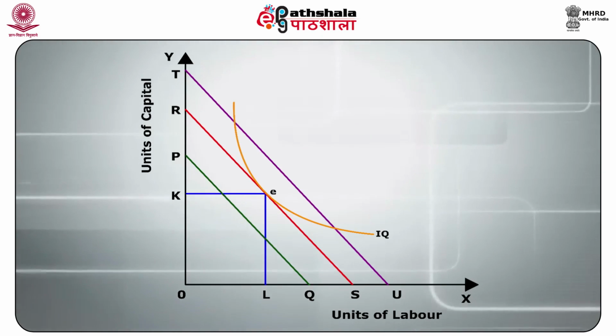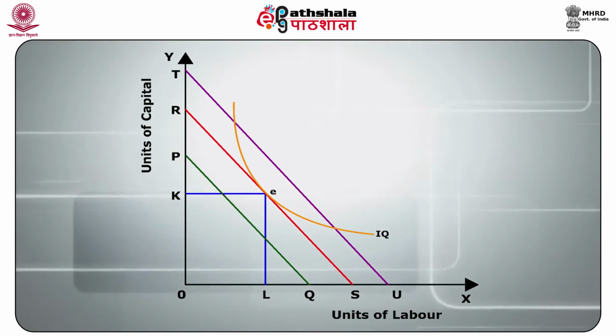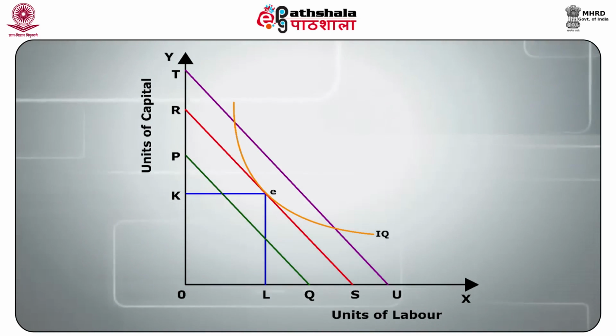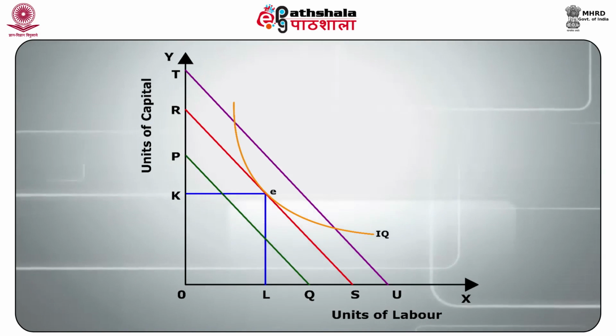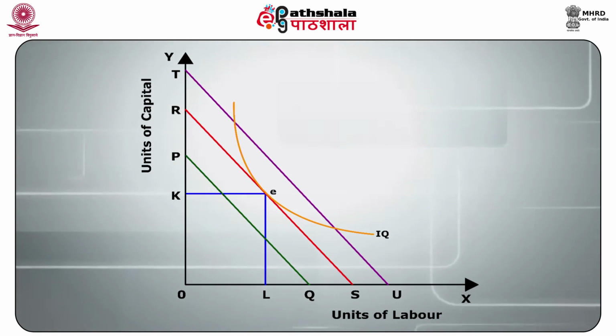All isocost lines are parallel to one another because slope of all isocost line is same as the factor prices remains constant. The producer will be at equilibrium where the given isoquant is tangent to the lowest possible isocost line. In figure, producer equilibrium is at point E where isoquant IQ touch the isocost line RS. Therefore, he will employ OL units of labor and OK units of capital to minimize the total cost.